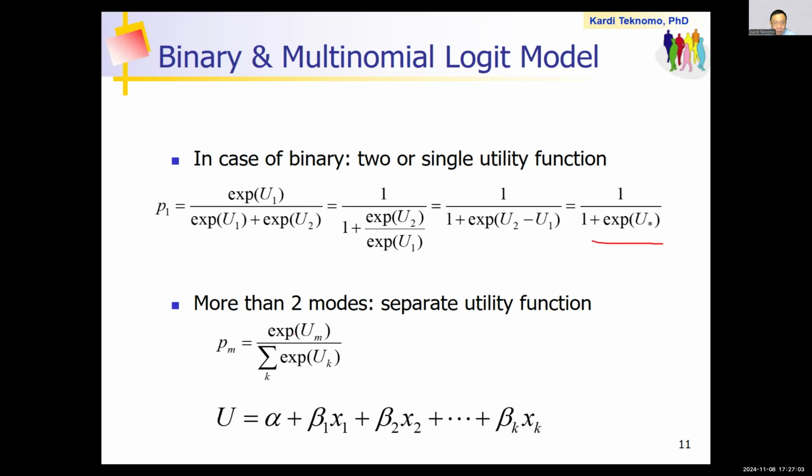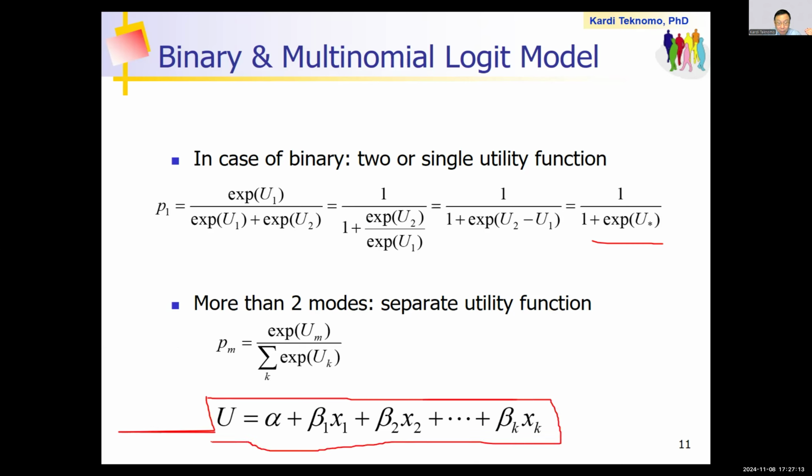If you have more than 2 modes, then you separate utilities, which is kind of similar to a multiple linear regression model. This is exactly what you saw in the lab a while ago.